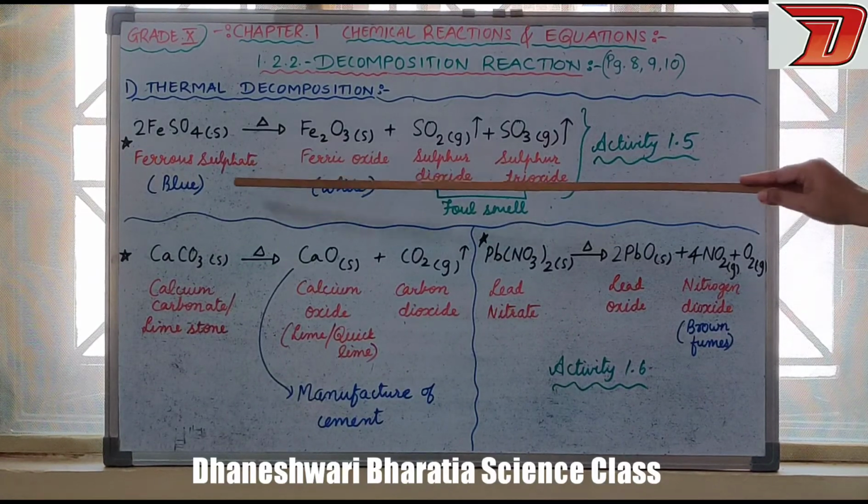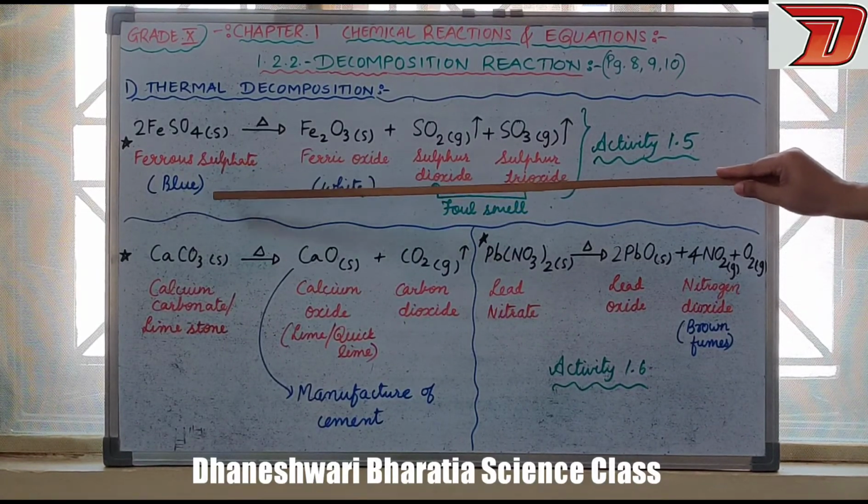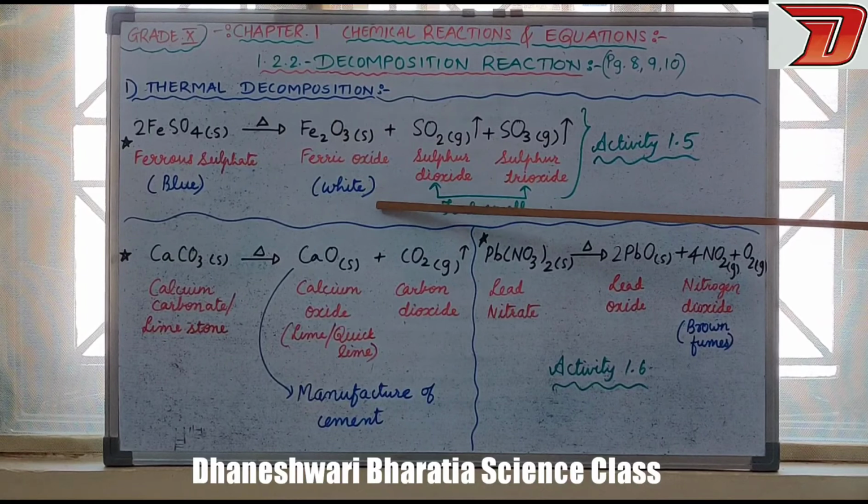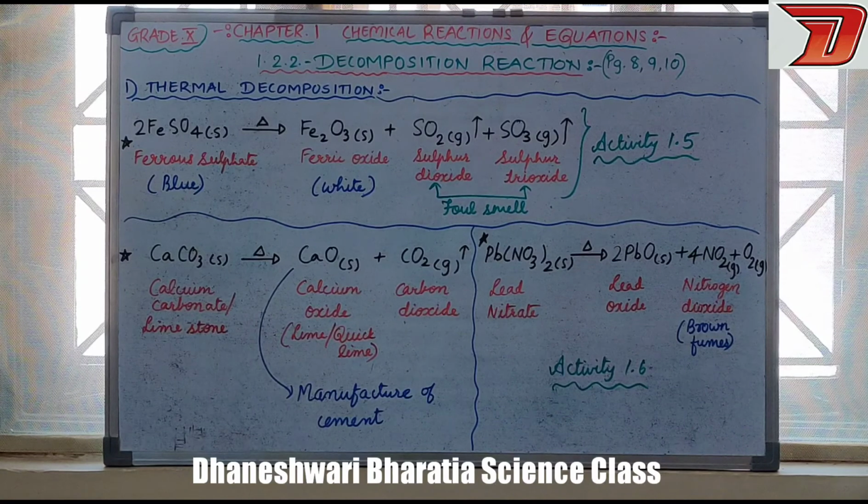Now previously it is of blue color, and then after the reaction it is turning white, right? Why is it so? Because the ferrous sulfate crystals which we have taken are having some water molecules also, or we can say that they are hydrated ferrous sulfate crystals. Hydrated means in which the water molecules are also present, right?